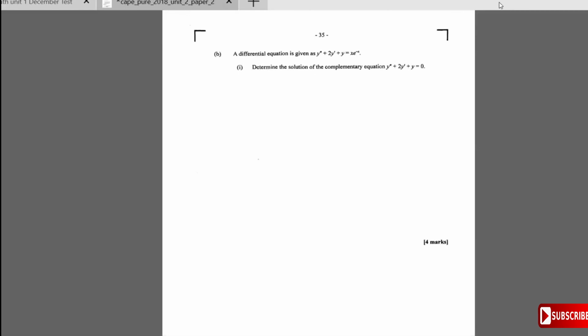So for the solution of the complementary function of this equation, we replace y double prime with u squared. So we have u squared plus 2u plus 1 equals 0. Now this is known as the auxiliary equation. So we solve the auxiliary equation for the solution of the complementary function.